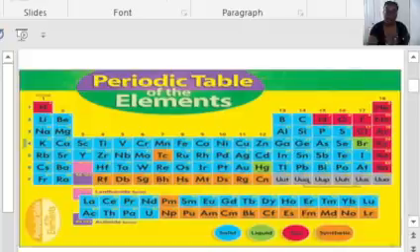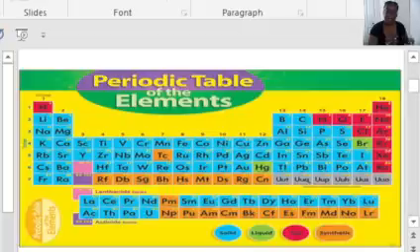So you have periods 1 to 7 from top to bottom. So you have helium in period 1. I'm sorry, I keep saying groups. It's because mainly we focus on the groups rather than the periods, even though the periods are very important as well. So you have period 1 helium, lithium, period 2 sodium, period 3, etc.